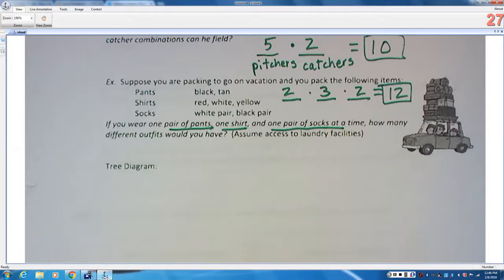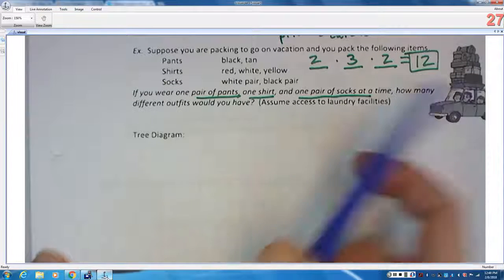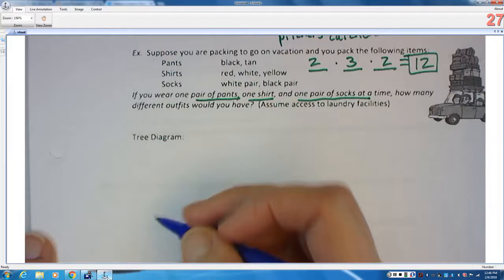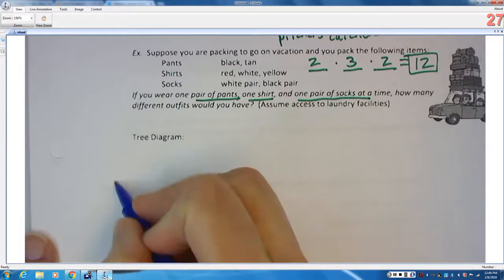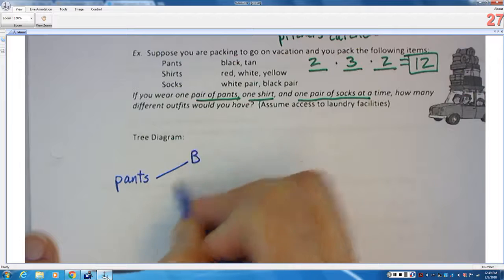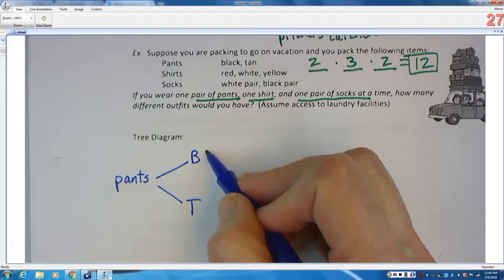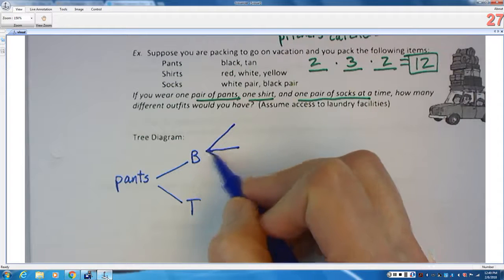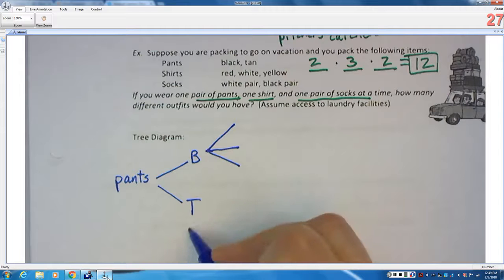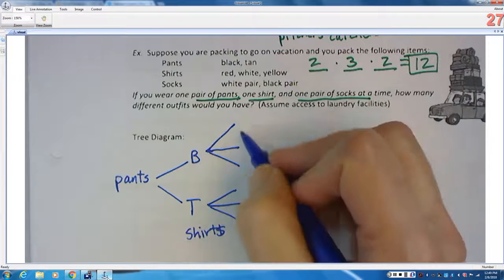So, if you're gonna do a tree diagram with this, if you're gonna pick your pants and you've got a black and a tan pair of pants, a B and T, and then you're gonna pick your shirts next.